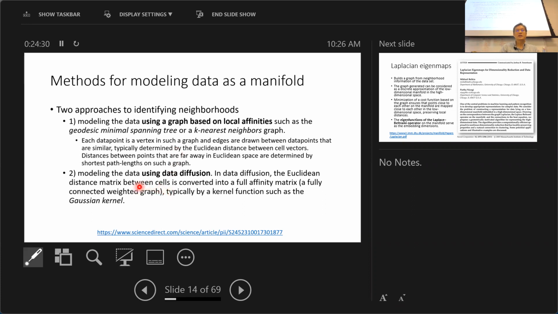There is another way: directly apply some kind of transformation to the Euclidean distance matrix. This transformation will help you convert the given Euclidean distance matrix into a so-called affinity matrix. This is a kernel function applied to those distances, basically changing the values in the distance matrix according to this function.